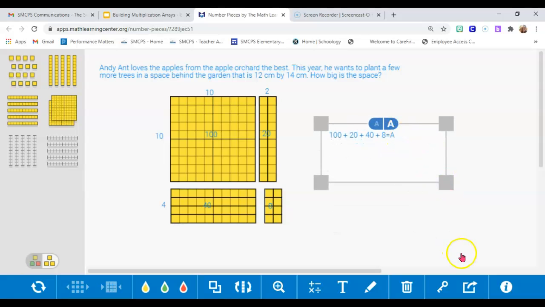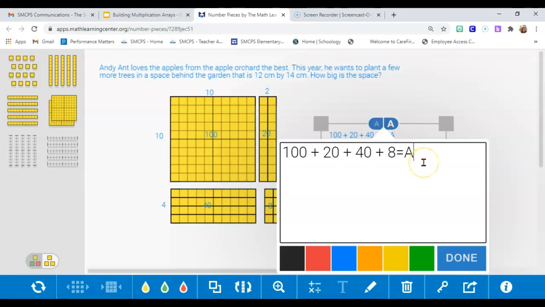So when I add 100 plus 20, I get 120. 120 plus 40 is 160. And I add that 8 to it, and I get 168 squared centimeters. So my area equals 168 squared centimeters.